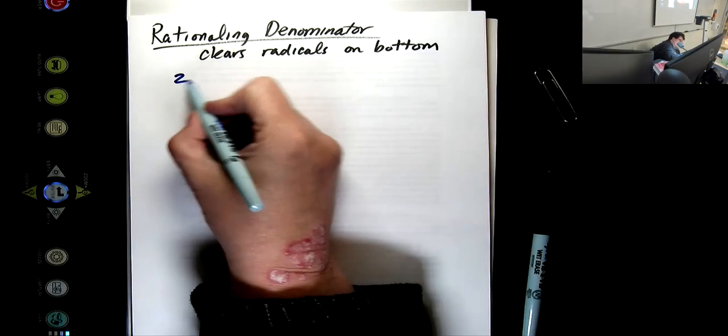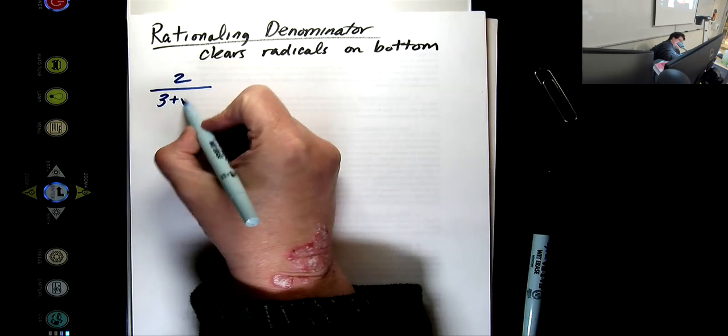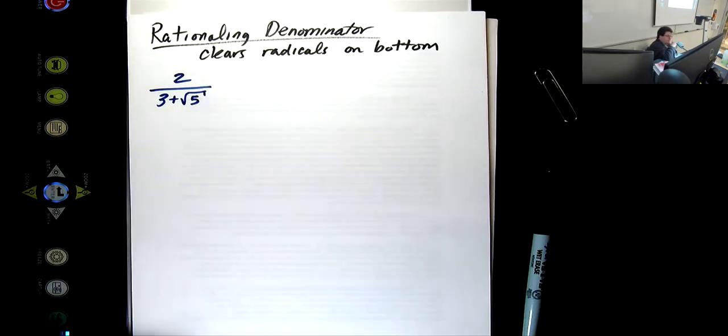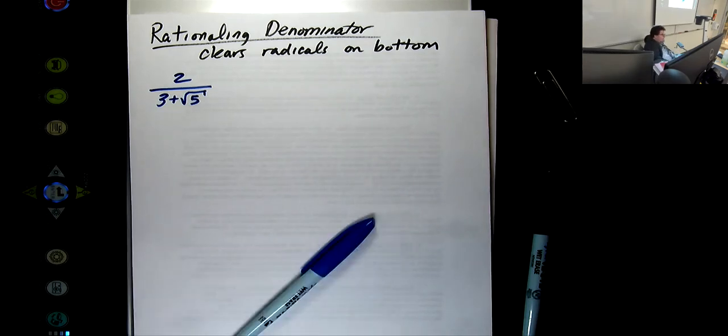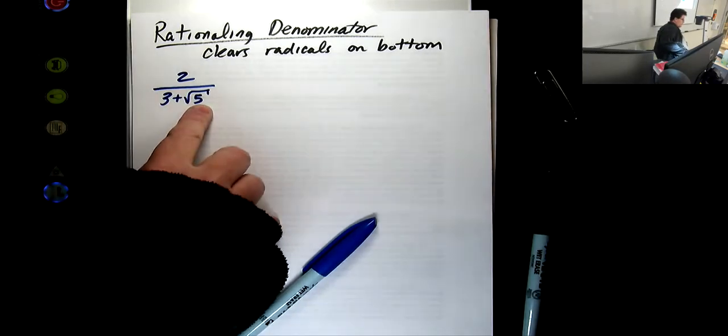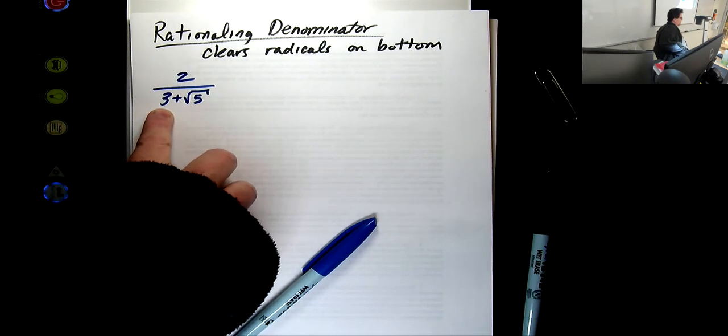I've got 2 over 3 plus the square root of 5. And that plus sign messes things up. If I multiply by the square root of 5, the square root of 5 will help this one, but then I get a square root of 5 stuck on this one.